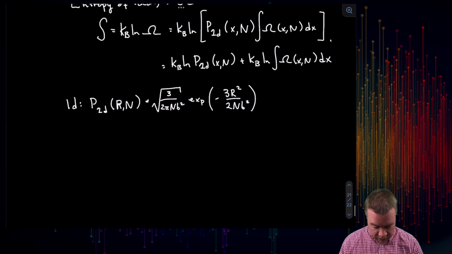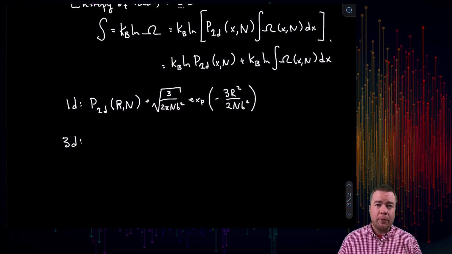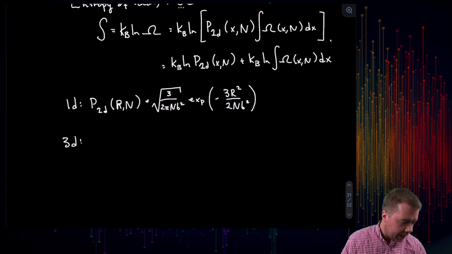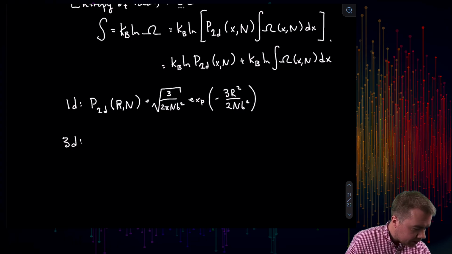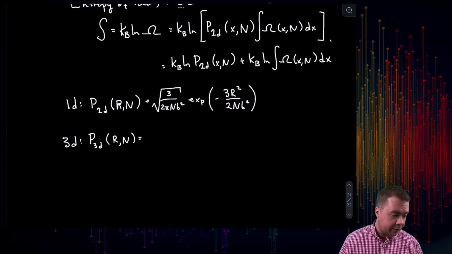Okay, so this is in one dimension. In 3 dimensions, which is the case we care about, we multiply all these one-dimensional functions together, and we end up with something that looks like the probability in 3D for R and N. It is going to have a different coefficient out front, and there'll be a homework problem where you get to play around with these. These are just to normalize the probability distribution.